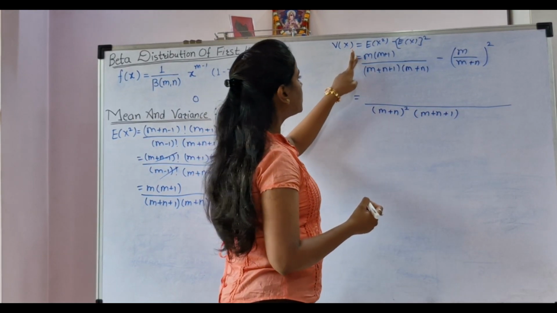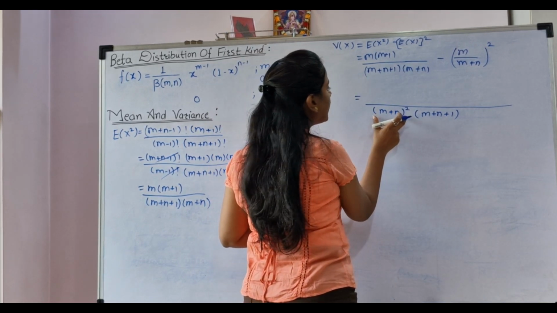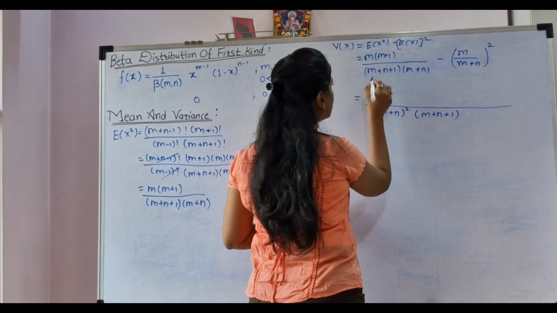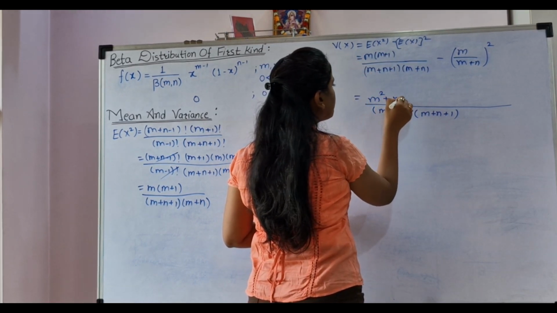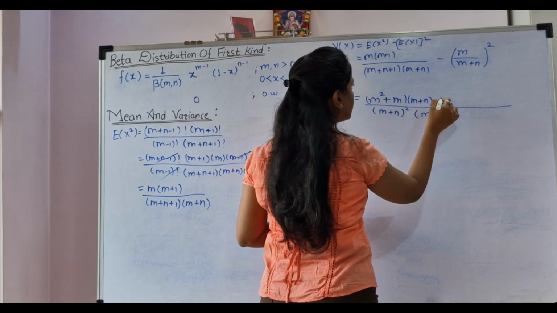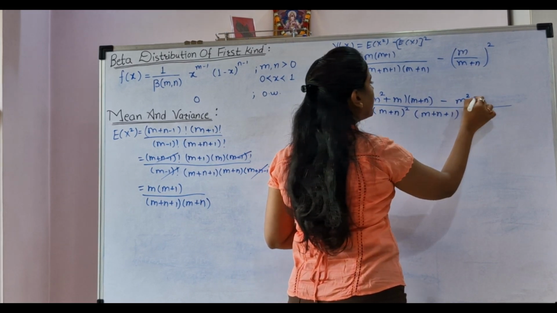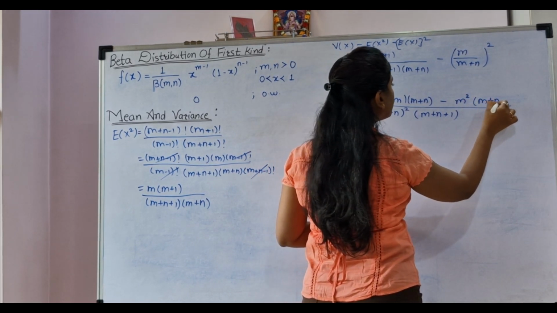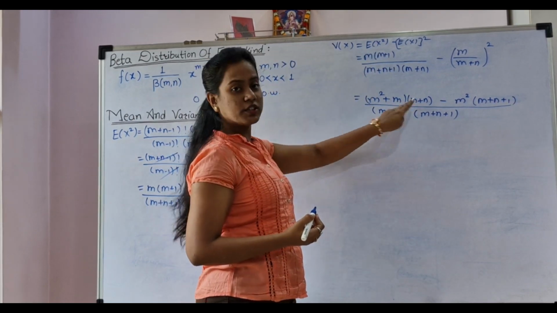Okay. Now in the numerator we have to multiply with 1 m plus n. So let's multiply with this. So it will be m square plus m into m plus n minus. Here we have m square and we have to multiply by m plus n plus 1. Okay, now let's solve this bracket.